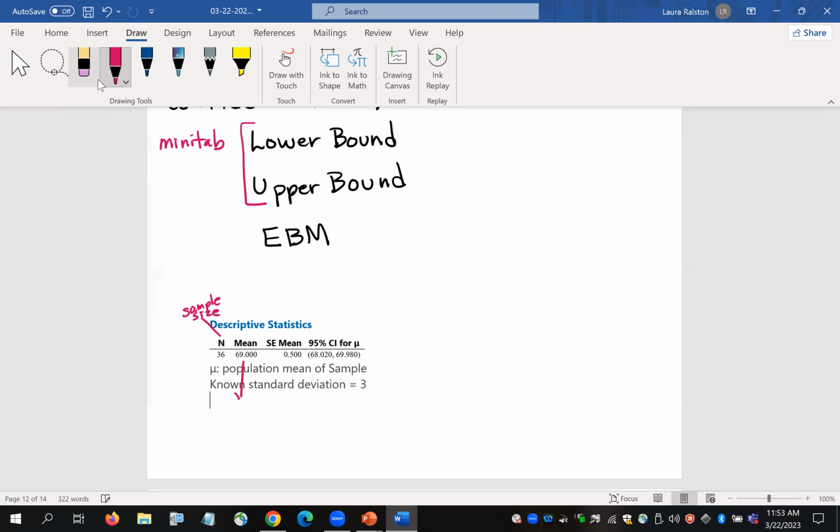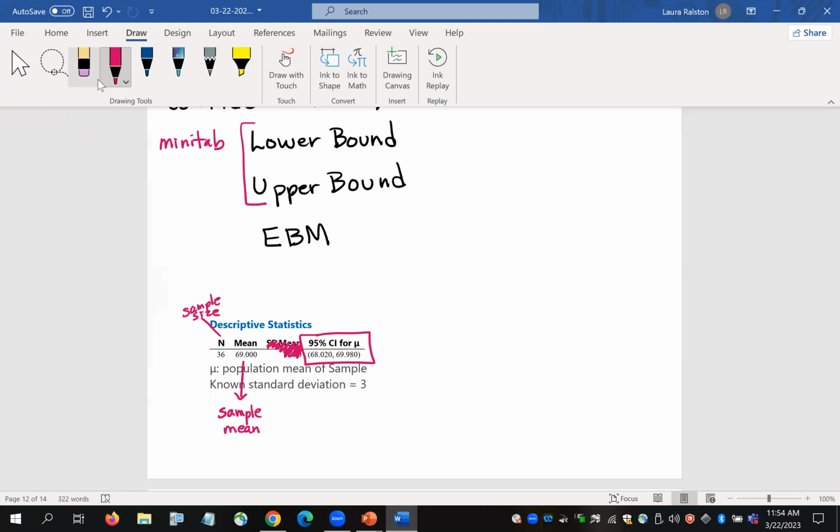You have the mean, which was given in the problem. That's the sample mean. I don't need this SE mean. And then I have the 95% CI for mu. That stands for 95% confidence interval for the mean.